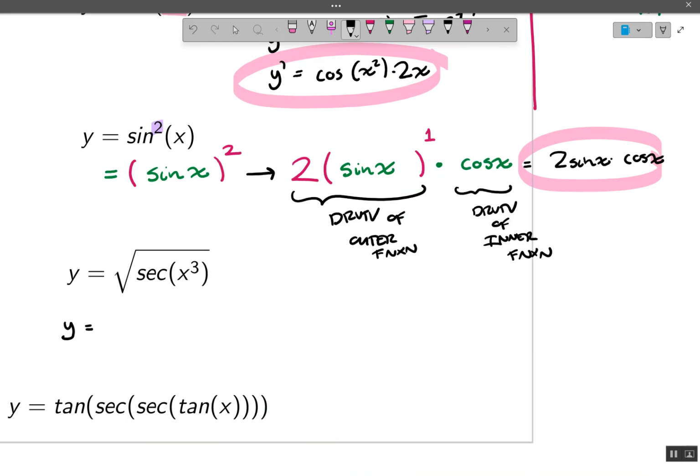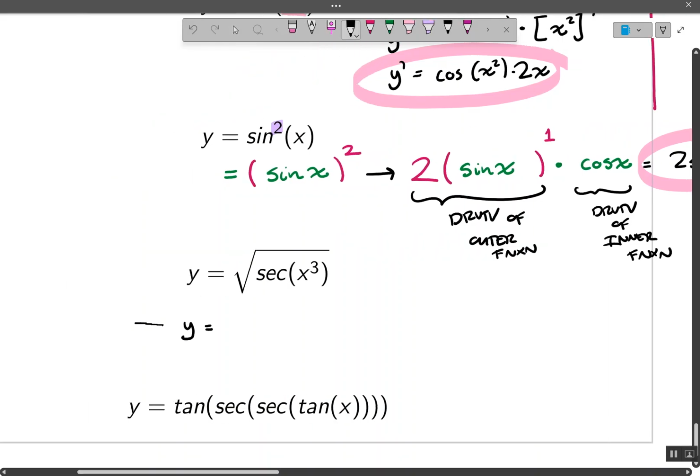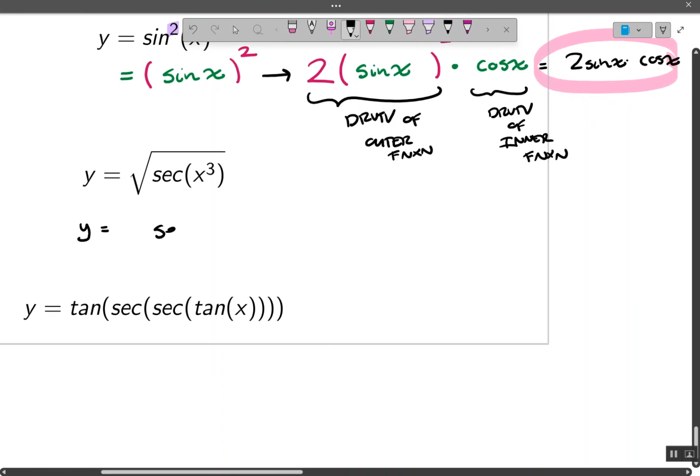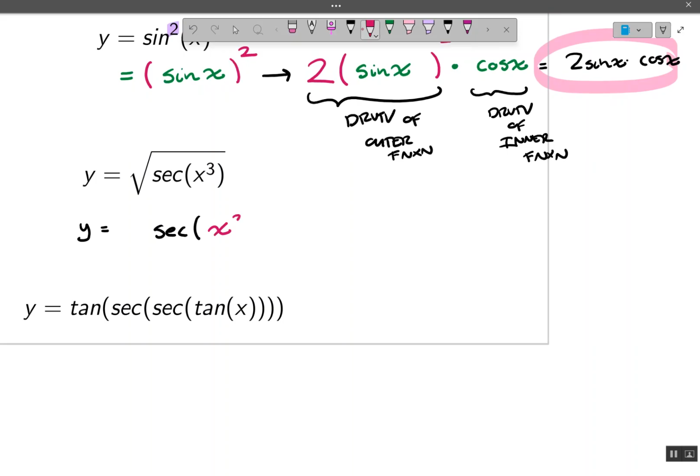We will rewrite this one. Anytime you have a radical, you can rewrite that as a fractional exponent. I'm going to do some color coding here. Remember, the square root is so common that we don't write the 2 out front, but the square root is the same thing as the 1/2 power. So this function has 3 layers. We have the inside, we have the middle, and we have the outside.